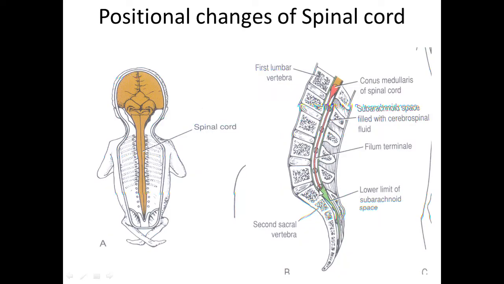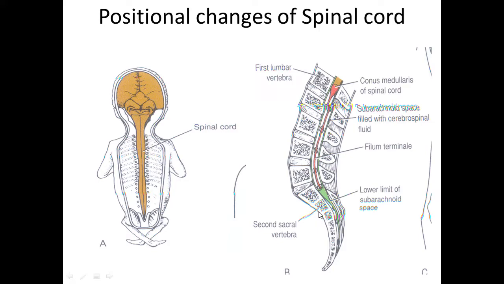Now what are the positional changes of the spinal cord? Up to the third month of intrauterine life, the length of the spinal cord and vertebral column are the same. But thereafter, as age advances, the vertebral column grows faster than the spinal cord.